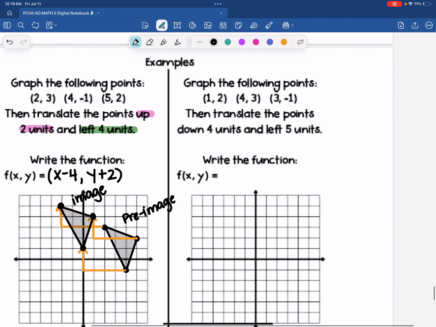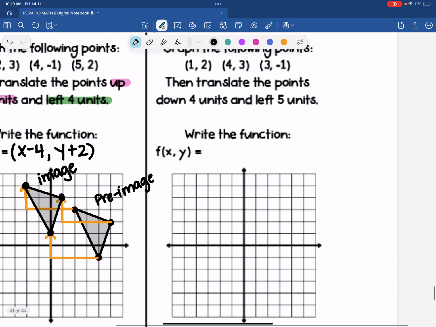Okay, so again, we're going to translate it. For the next one, this one says that we're going to go down 4 and then to the left 5. So if we're going to the left 5, we're going to say x minus 5. And then down 4 would be minus 4.